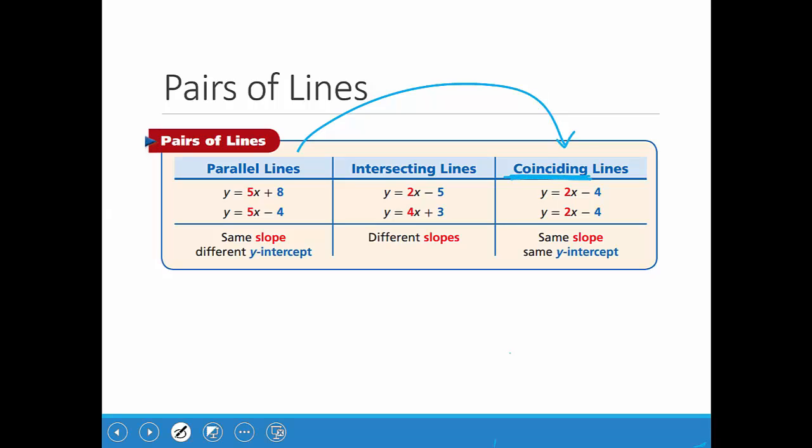And coinciding means like the exact same line. All of the points line up. So if you have the same slope and the same y-intercept, they're not parallel, they're right on top of each other. And then intersecting lines is when they have different slopes. And they can even have opposite reciprocal slopes like we talked about yesterday. That's a special kind of intersection, but it's still just an intersection.